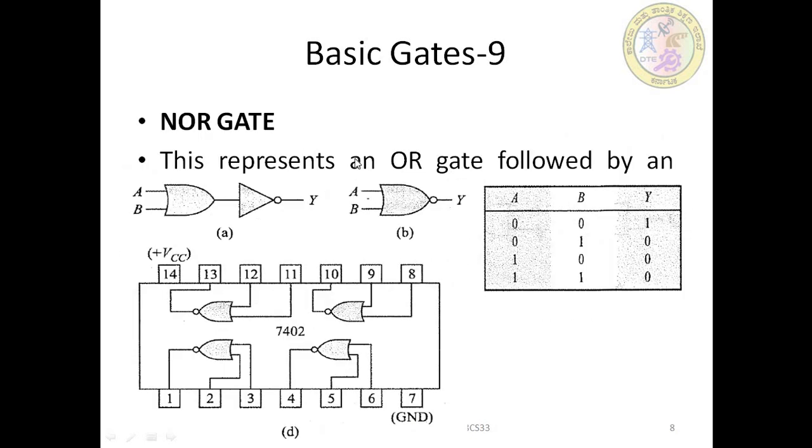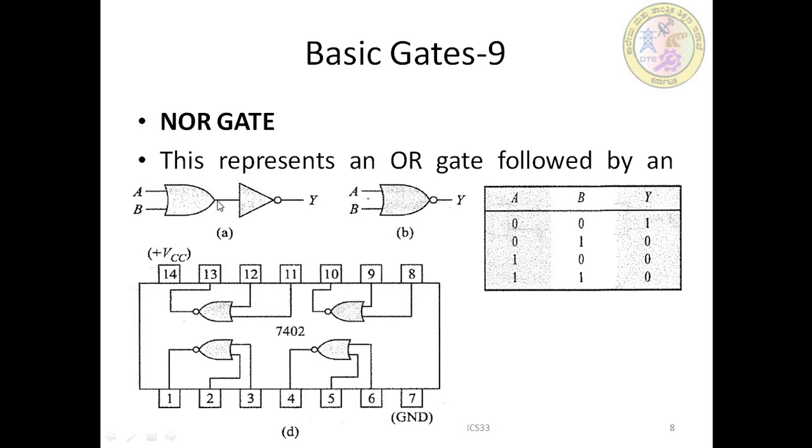So the NOR gate, as I said, NOR gate is a universal gate. NOR gate is nothing but OR gate plus NOT gate. Let's try to understand this symbol. So this is an OR gate, and this is a NOT gate. This will function the same as the OR gate.